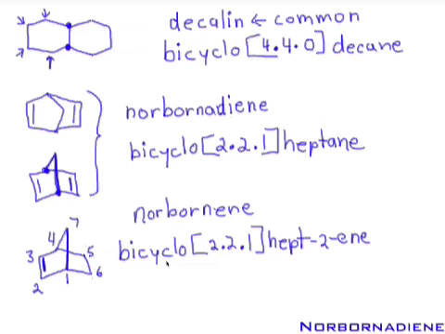Norbornadiene has an IUPAC name of Bicyclo 2,2,1 hepta. Now let's number it. 1, 2, 3, 4, 5, 6, 7. We have double bonds at 2 and 5, so hepta-2,5-diene.